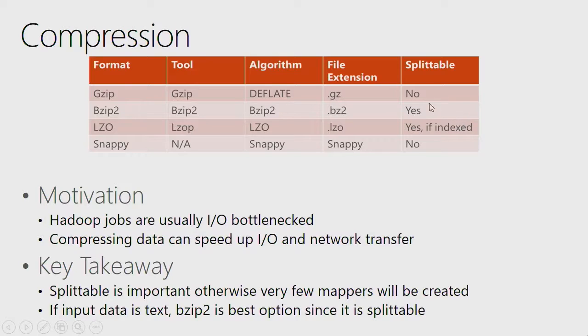If you really want to use compression, use either bzip2 or LZO if it is indexed. Otherwise, all the other formats are not splittable. So that's the key takeaway, that while compression is good, it's only good if you use the right compression format, which is bzip2. So now let's go back to my demo, and let's look at the two queries.